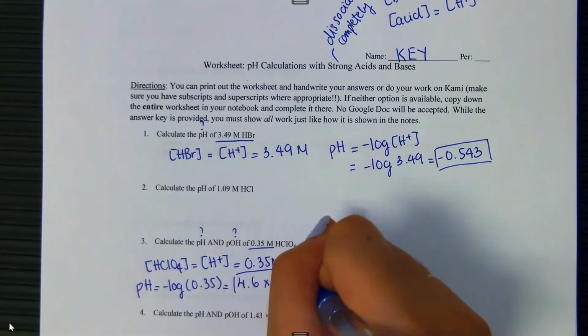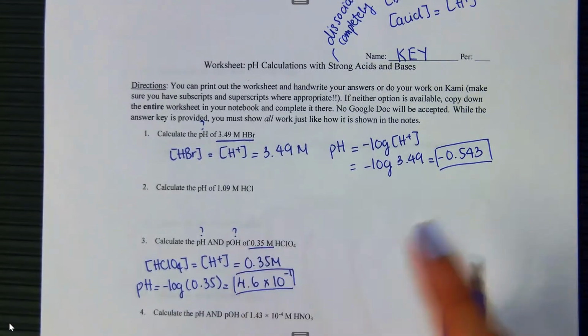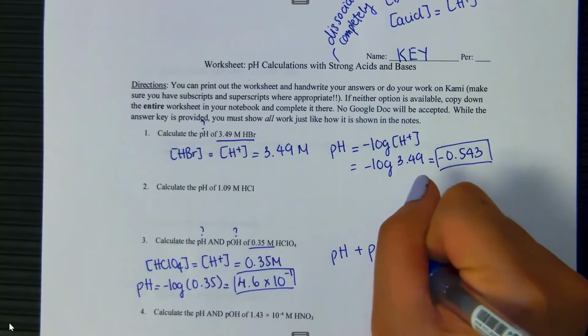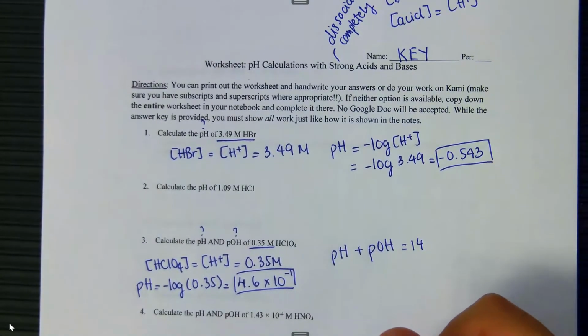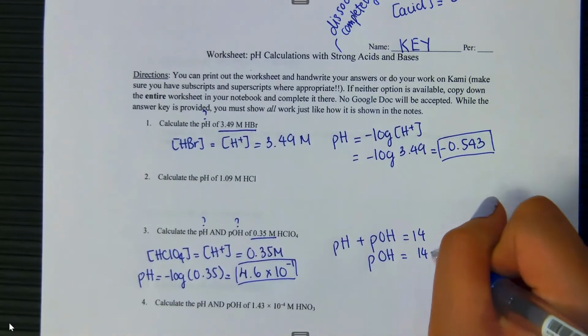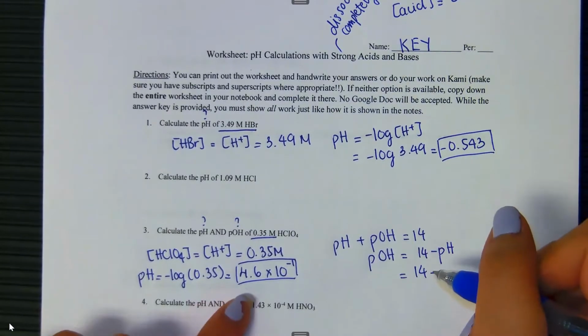This is my pH, so I'm going to box that. And let's find my pOH. My pOH can be found using this relationship, pH plus pOH is equal to 14. So the pOH is 14 minus the pH. The pH is this much.